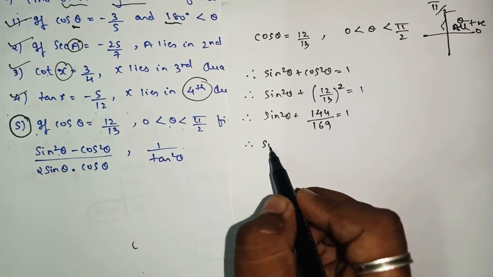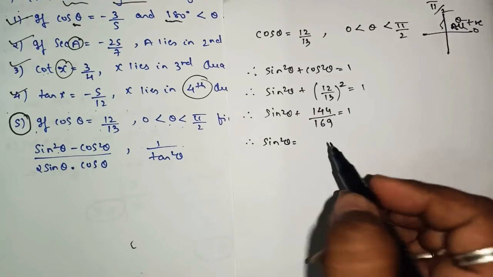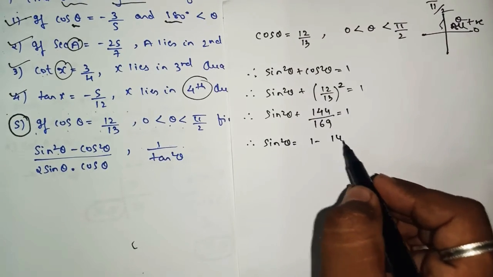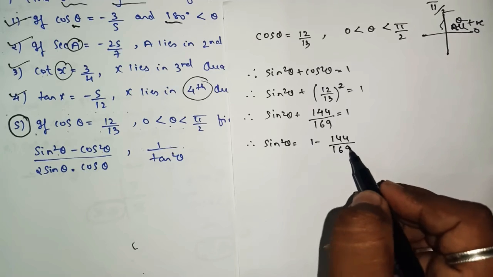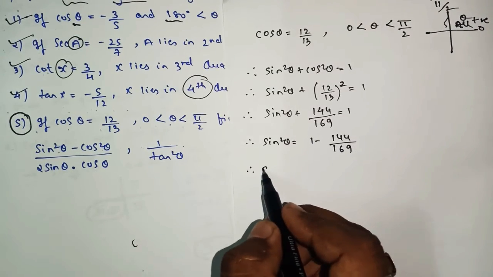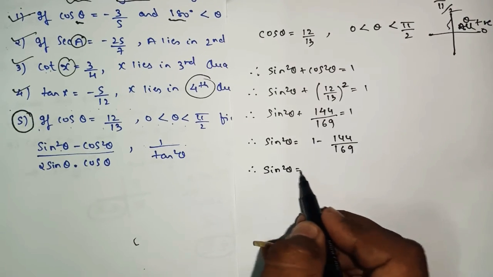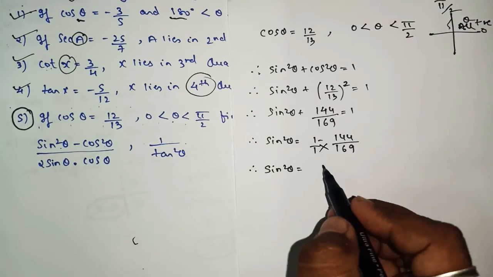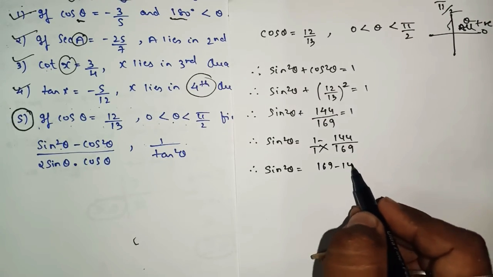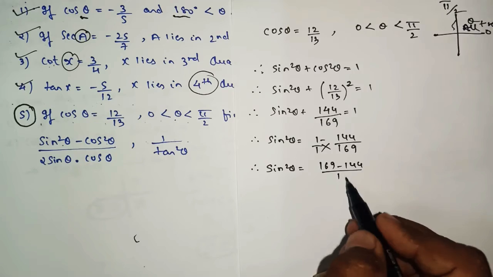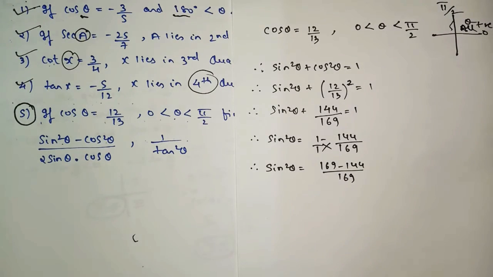So sine square theta equals 1 minus 144 upon 169. Therefore sine square theta equals, cross multiplying, 169 minus 144 upon 169.